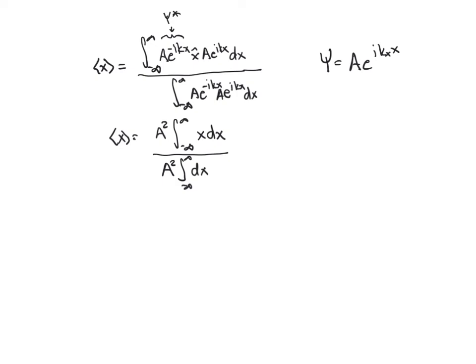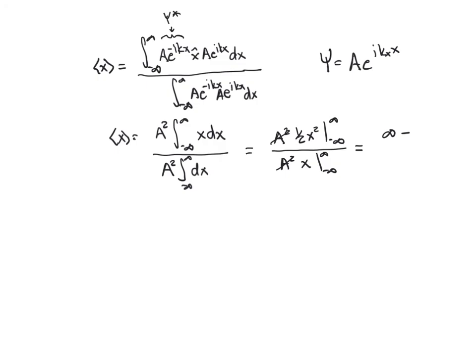And so what I end up with is a little strange here. I have A squared times 1/2 x squared from minus infinity to infinity, divided by A squared times x evaluated from minus infinity to infinity. My A squareds are going to cancel out. I have 1/2 infinity squared, minus minus infinity squared.